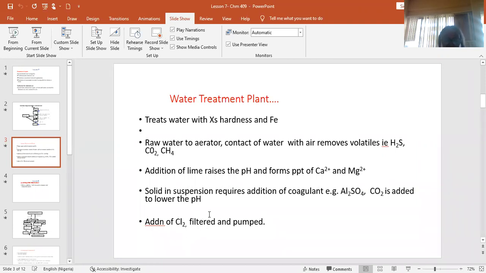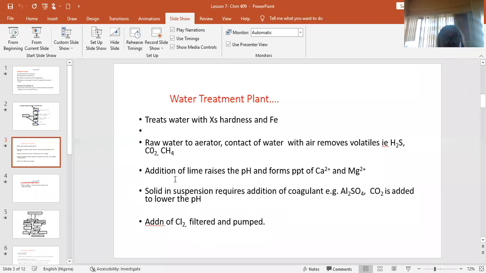Then we can also pass that filtered water through activated charcoal to remove all the coloring, the odor, and any excess chlorine. That's what activated charcoal does. And finally, that treated water is pumped into our homes, or if it's a pure water company, it is pumped to where you fill it into bottles. So this is how pure water is produced.